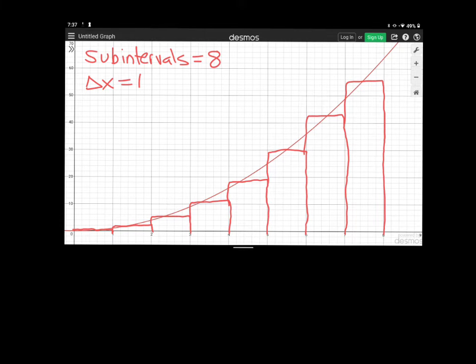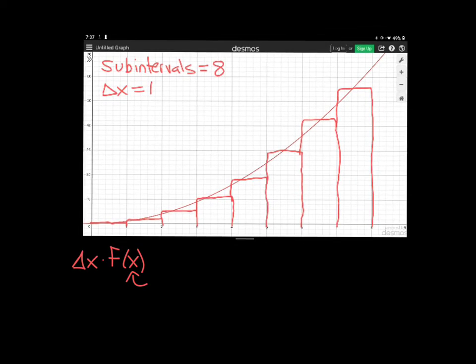So remember, all we're doing is the width, which we'll call change in x, times the height. Now this isn't really x, but I'm just using this as a function right now. So the notation is going to be a little bit different. But remember, we're just doing an area of a rectangle. That's all we're doing. It's just width times height, and then adding all these things up. The notation I'm using right now isn't exactly what we're going to keep.